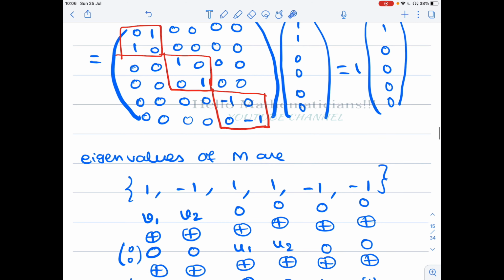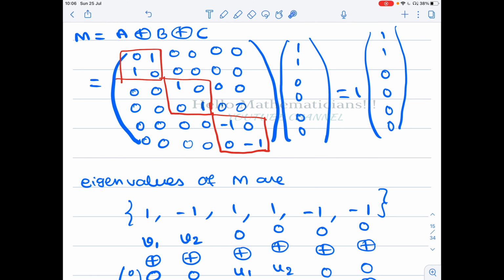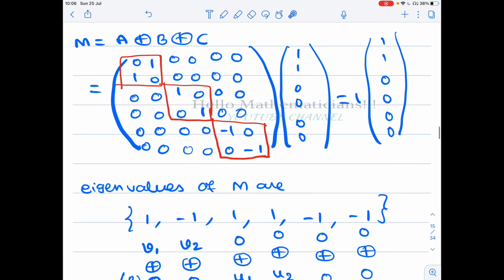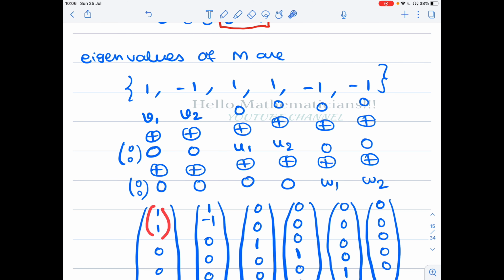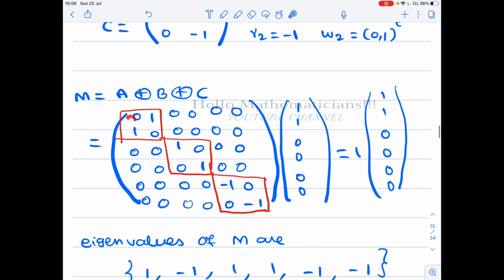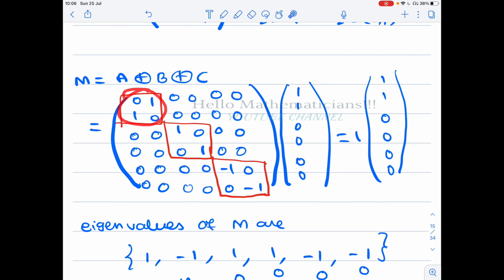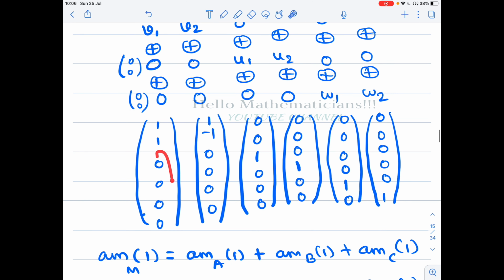Further, we calculated the eigenvectors also. This is a 2 by 2 matrix, so its eigenvectors are vectors in R2. Its eigenvectors are (1, 1) and (1, -1). But once you put it in a 6 by 6 block matrix, the eigenvectors of this block can be made into eigenvectors of the big matrix by filling the remaining places with 0.